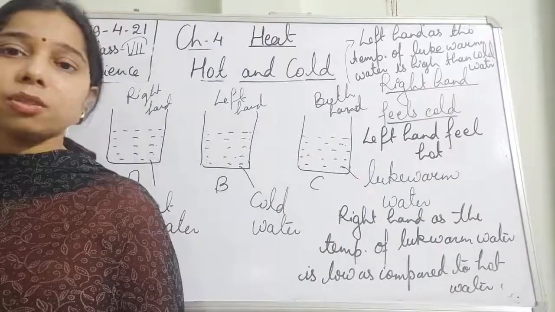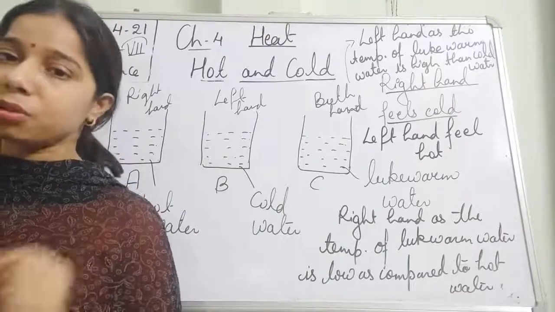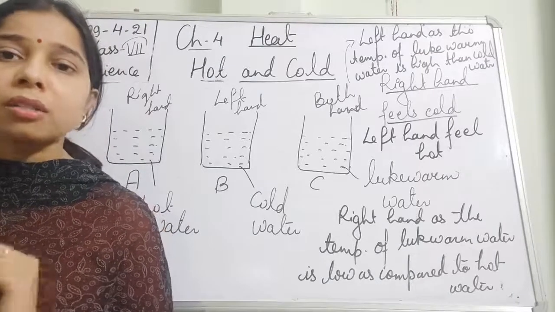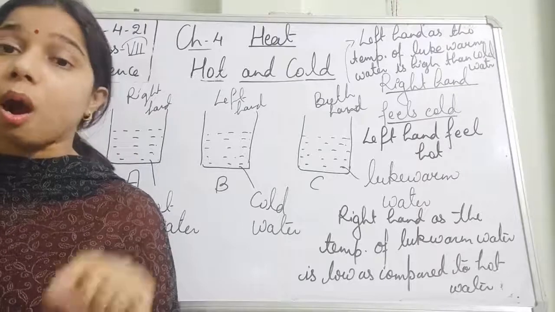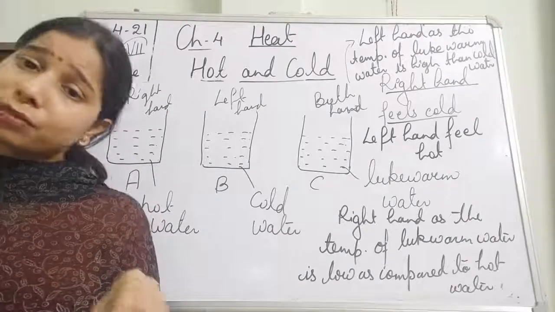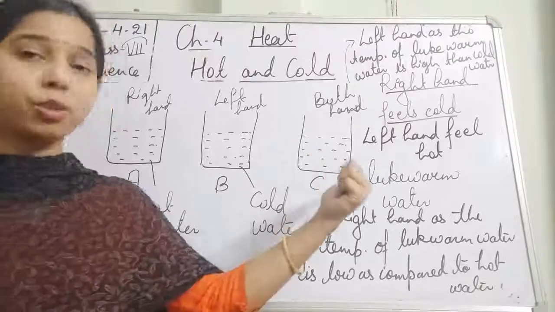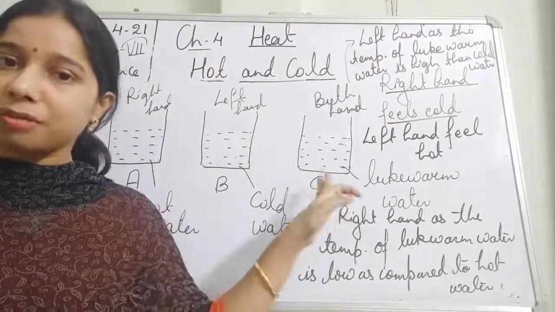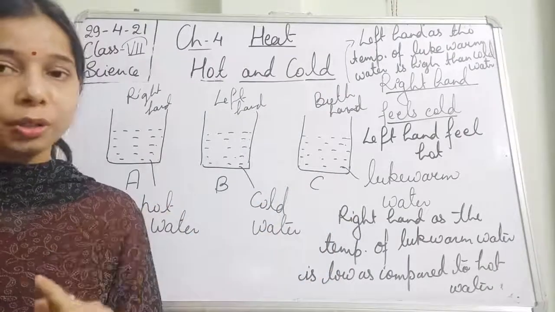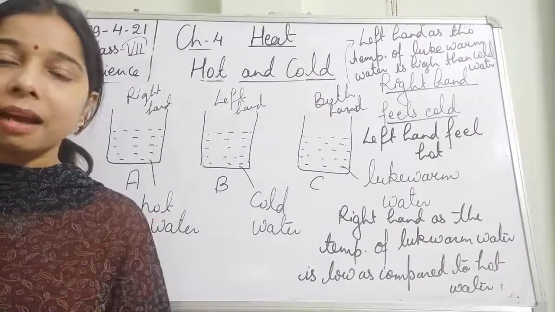So on the basis of this activity, we came to the conclusion, students, that our sense of touch is not a reliable way of measuring the temperature of an object. Because if it were reliable, it would give the correct temperature of this lukewarm water also, it means the moderate temperature. But you have seen it does not happen like that.